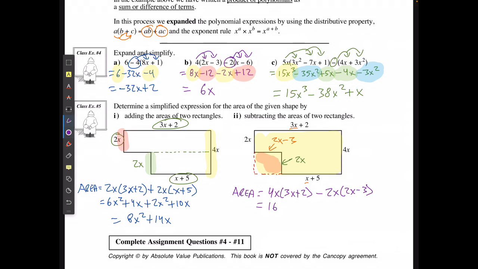I have 12x squared plus 8x minus 4x squared plus 6x. Be careful of those double negatives. And this is going to leave me with 8x squared plus 14x. It doesn't matter if I combine two small rectangles or I take the bigger rectangle and subtract the missing area. If I did it properly, my results are the same.